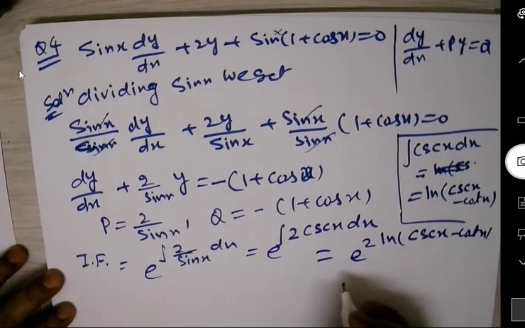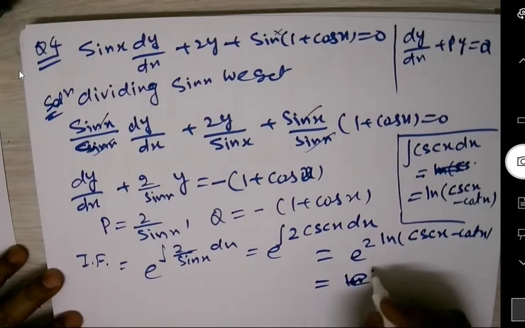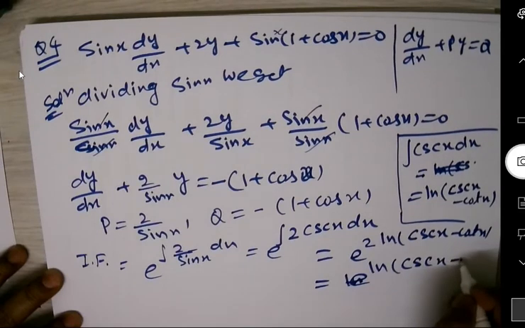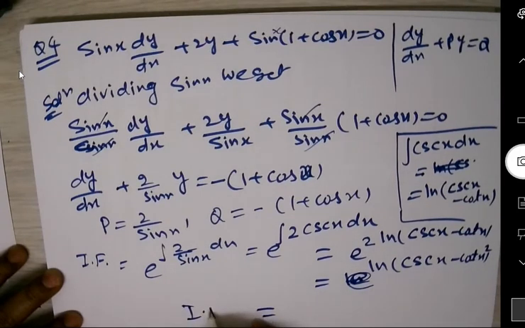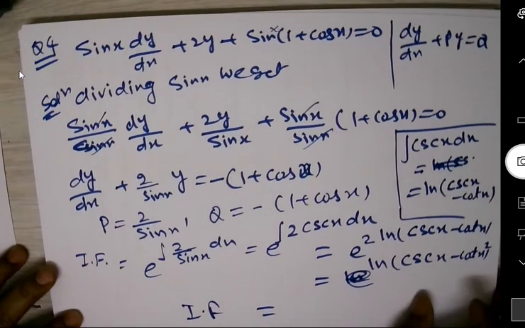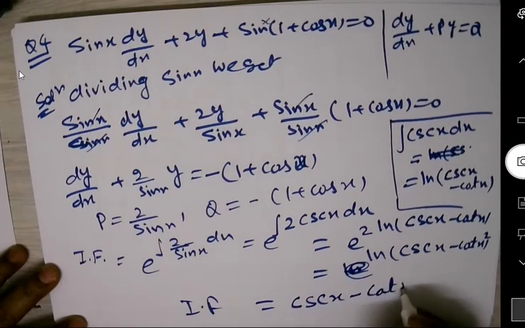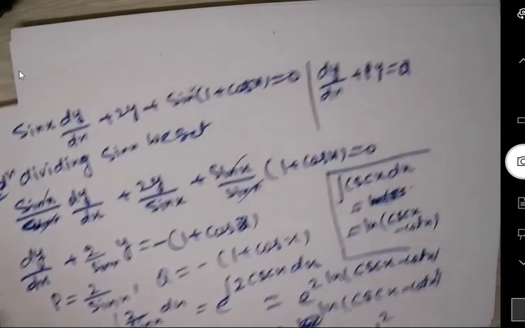So, we can write it like e power ln CSC of x minus cotangent of x power 2, and e power ln of x means x. So, that means integrating factor comes now CSC of x minus cotangent of x power 2. This is your integrating factor.